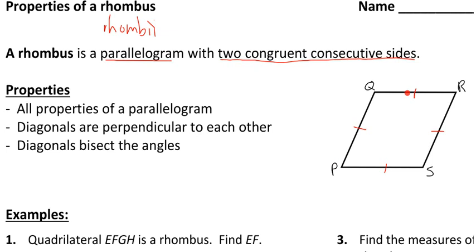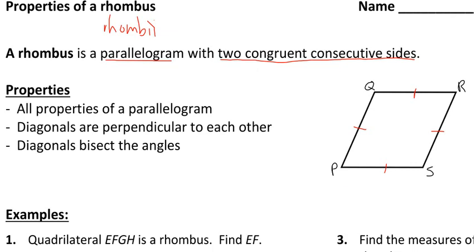Opposite sides are congruent. Opposite angles are congruent. Consecutive angles are supplementary. Diagonals bisect each other. All those properties are true for the rhombus.